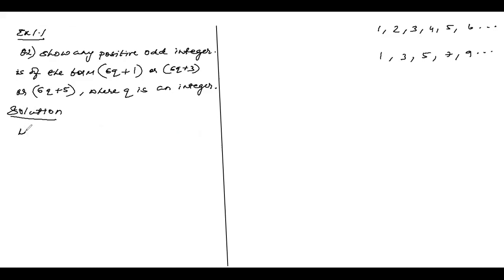So let us take 1, 3, 5, 7, 9, so I have to represent them by some variable. So let us take it as a. Got it? Because I want to express them as 6q plus 1, 6q plus 3.